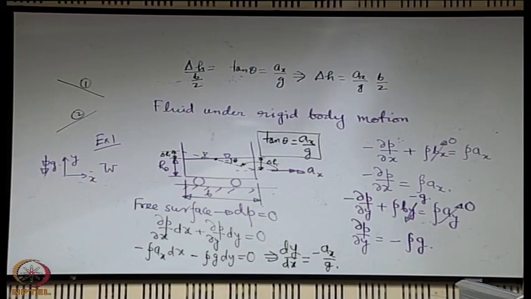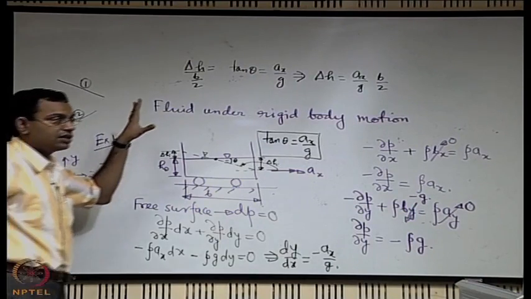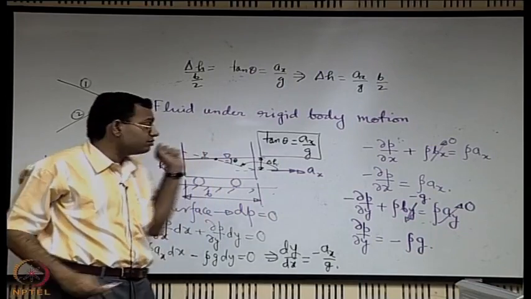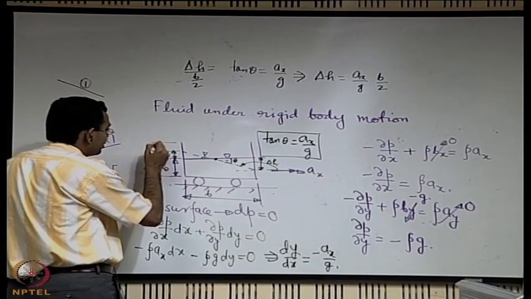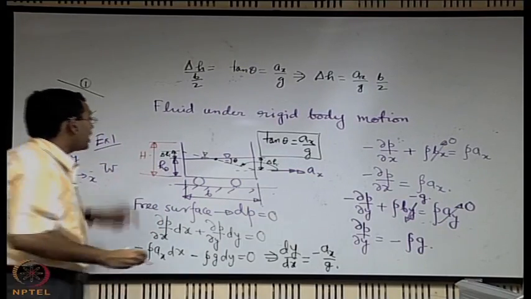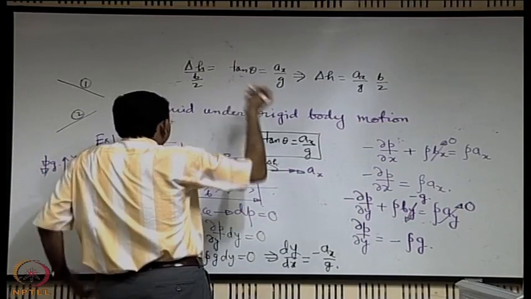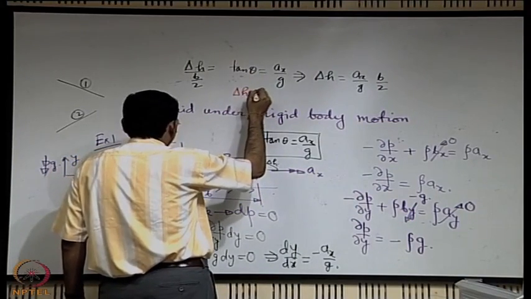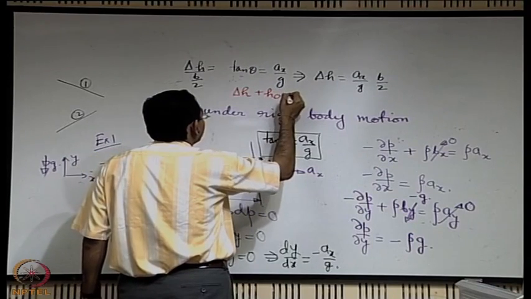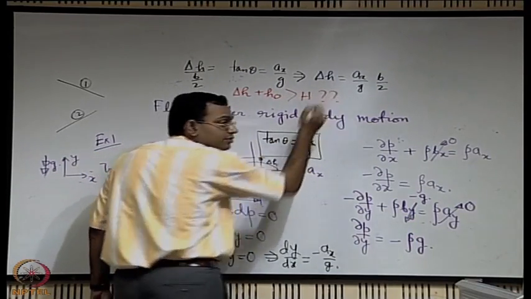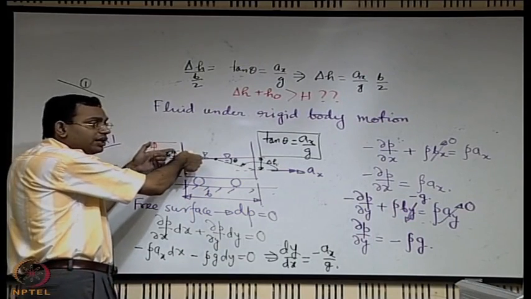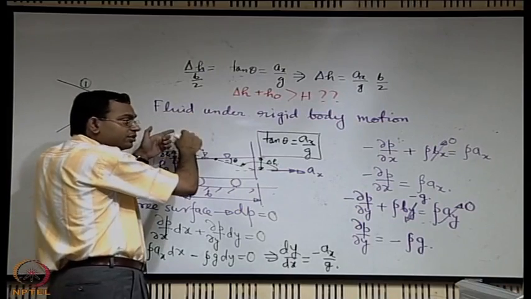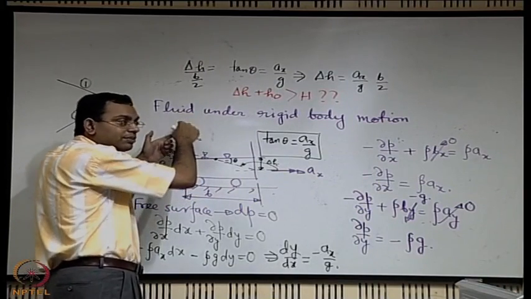Now, let us come to a critical condition. If we are happy with this, sometimes we are deceived. How? Let us say that the total height of the tank is H. If it so happens that from calculation we get delta H plus H0 greater than H, practically that is not possible, because the liquid cannot occupy a height greater than that provided by the tank.